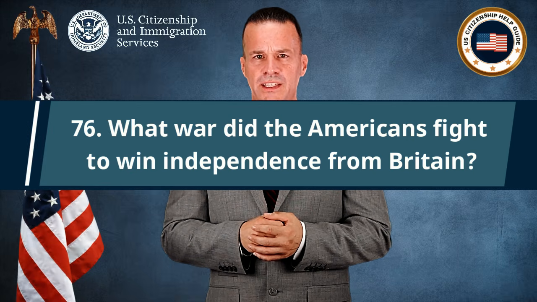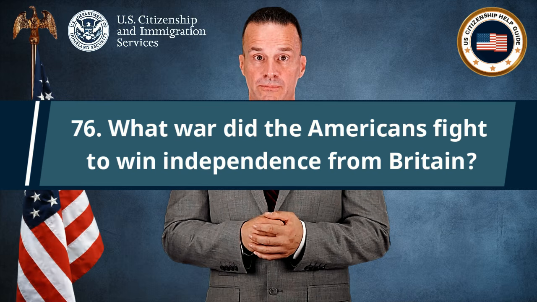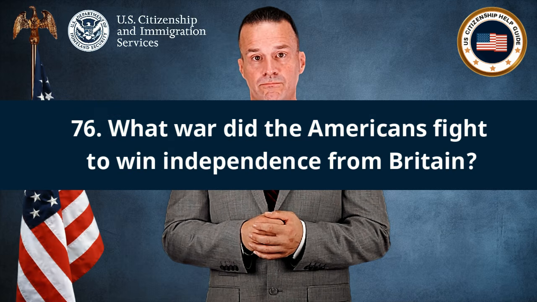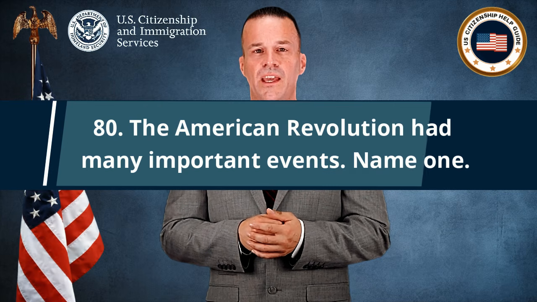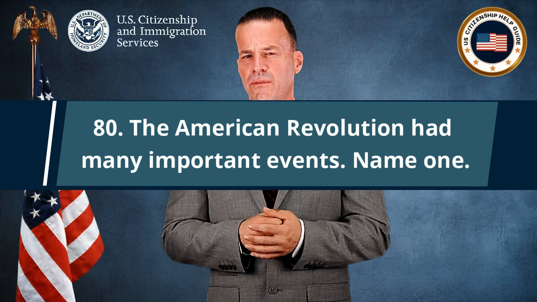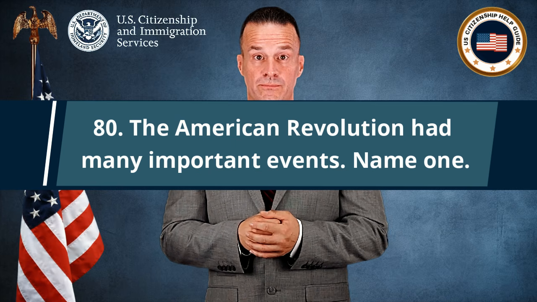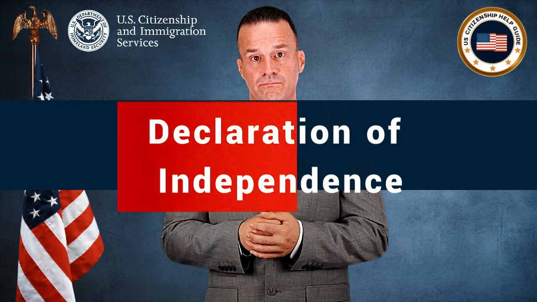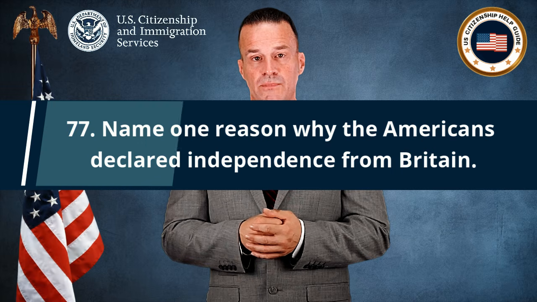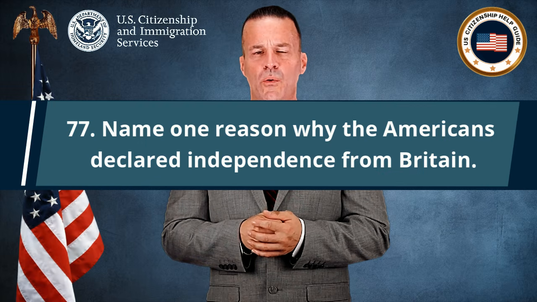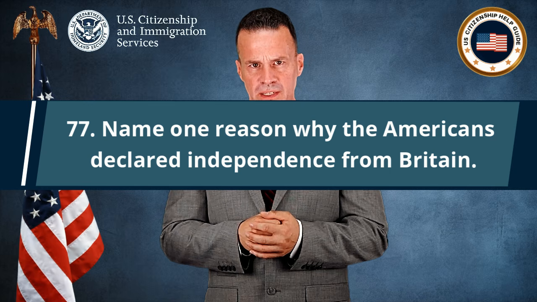What war did the Americans fight to win independence from Britain? American Revolution. 80. The American Revolution had many important events. Name one. Declaration of Independence. 77. Name one reason why the Americans declared independence from Britain.